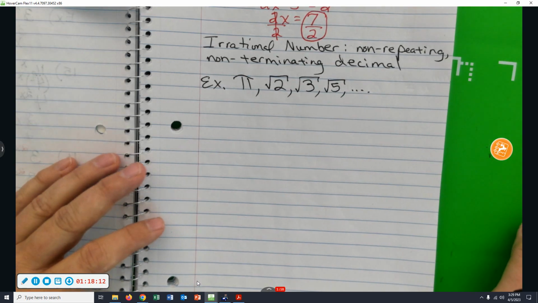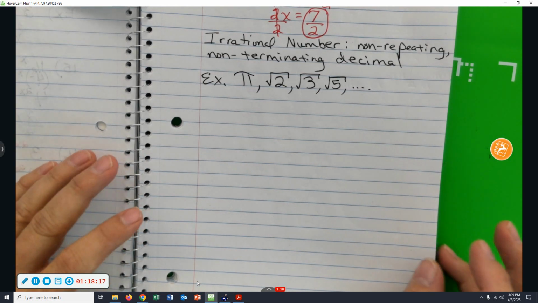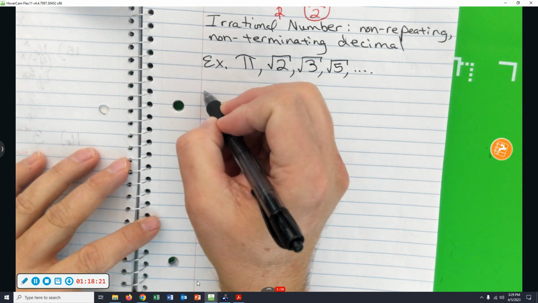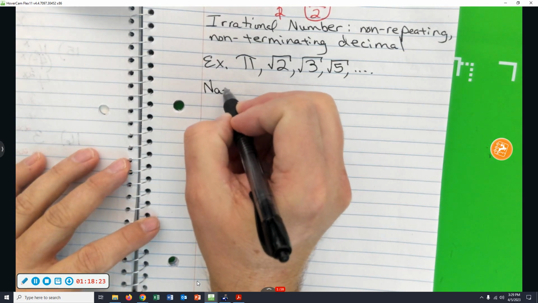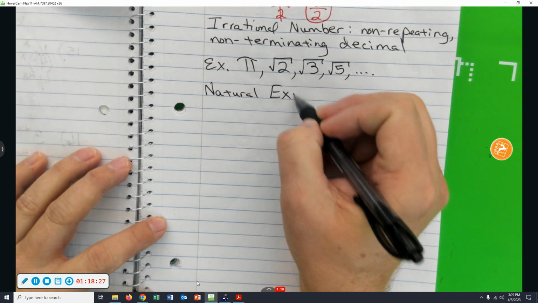Well, there's another irrational number that has important applications in business and scientific problems. It's called the natural exponential.